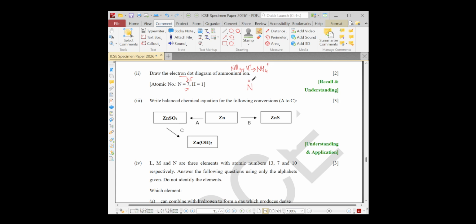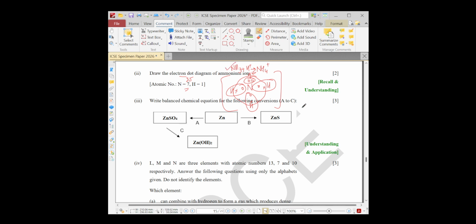So there are 5 electrons. Then you have 3 hydrogens, and this is how ammonia's octet will be completed. This lone pair will be given to hydrogen and you will get a cation.